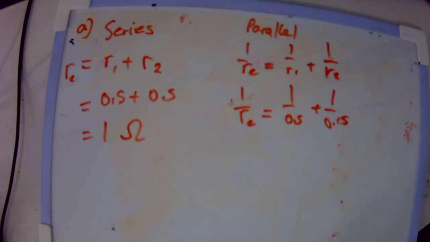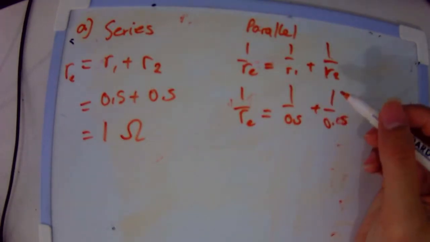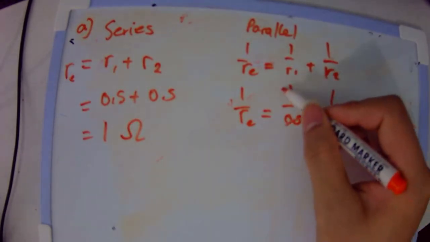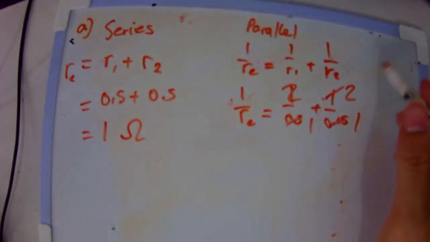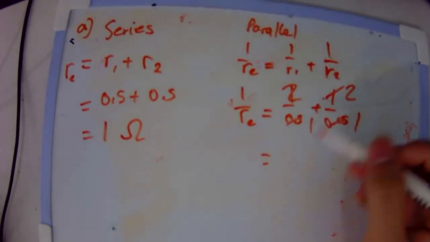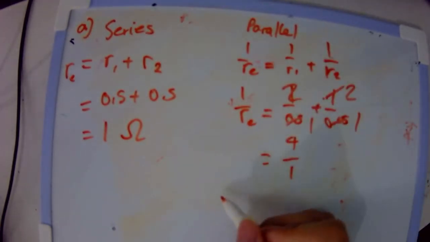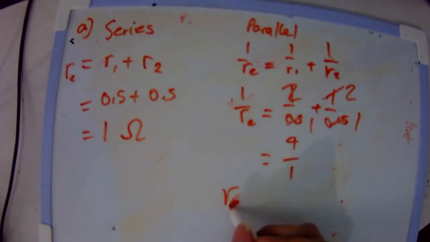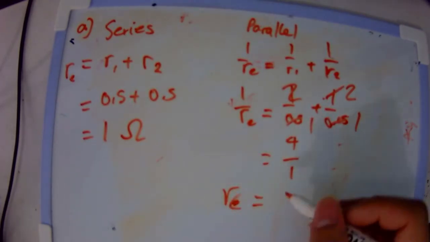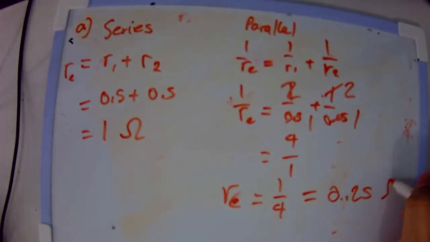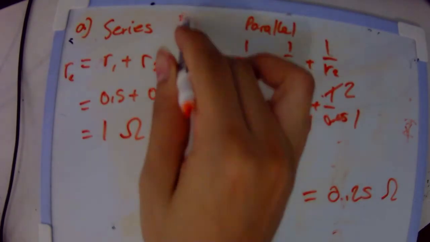We can rewrite it as 2 over 1 plus 2 over 1, which gives 4 over 1. Flip it around, so the effective resistance would be 1 over 4, or 0.25 ohms.